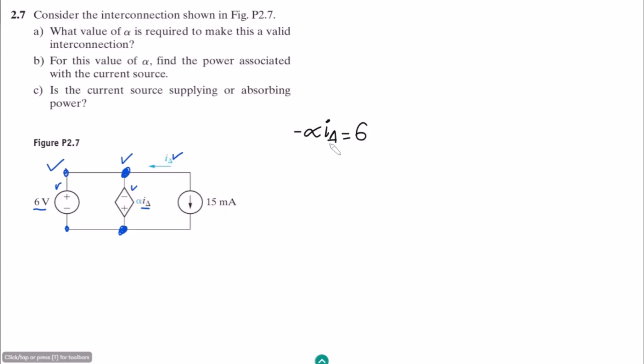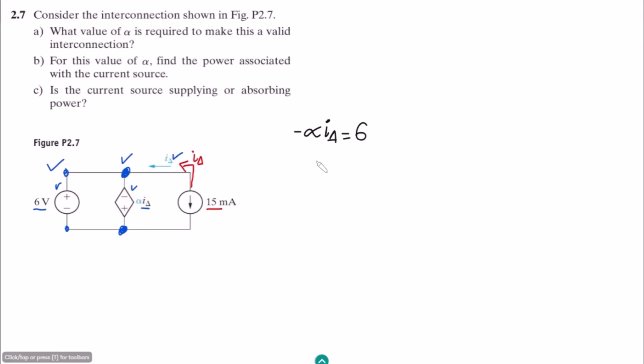Do we know the value of I delta? Let us look at this branch. In this branch we can very clearly see that this is I delta, and in this branch the current is constant, which is 15 milliamps, and the direction of this 15 milliamps is opposite to that of this I delta.